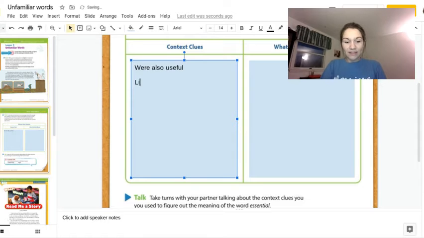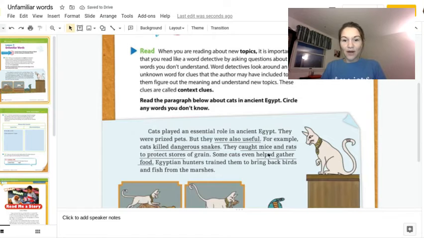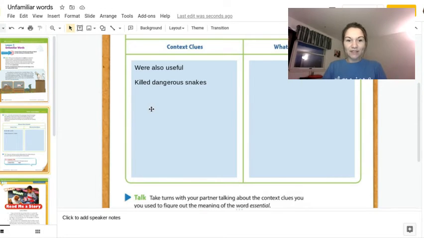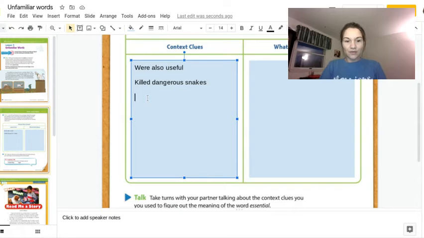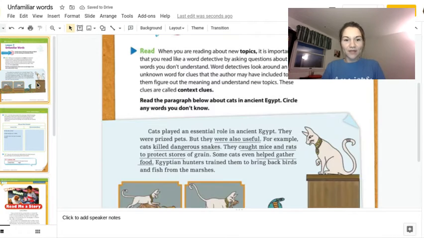They were useful because they killed dangerous snakes. It said that they also caught mice and rats. They protected stores. So let's put that. Caught mice and rats to protect stores. There was one more example of how they were useful. They helped gather food.